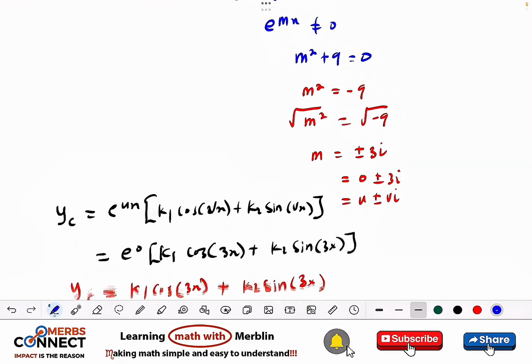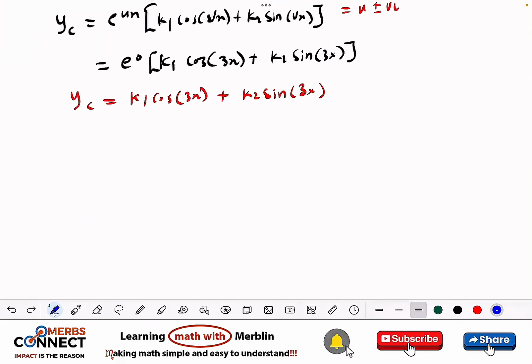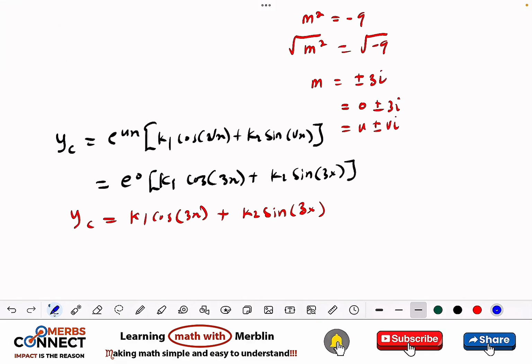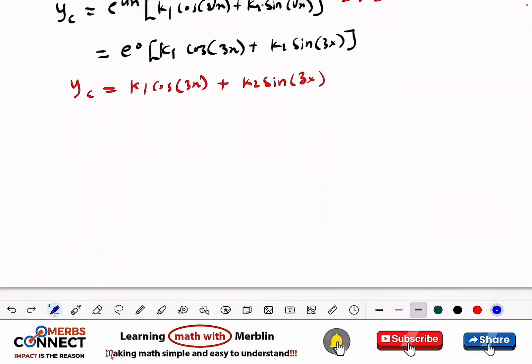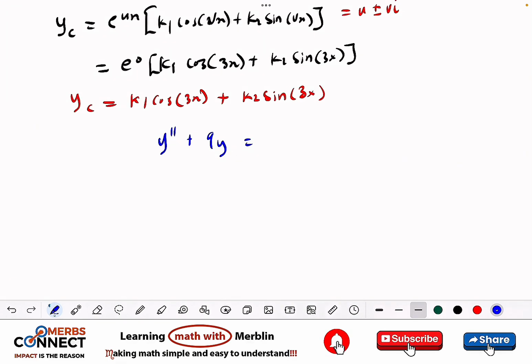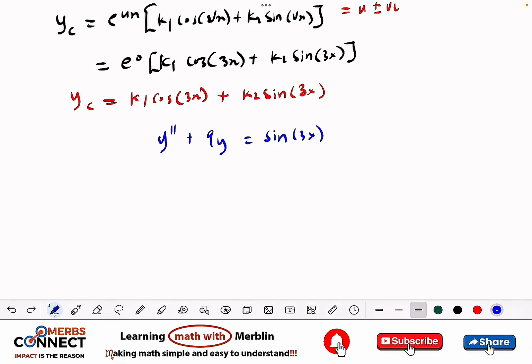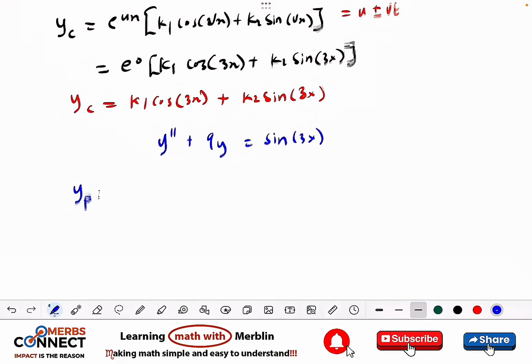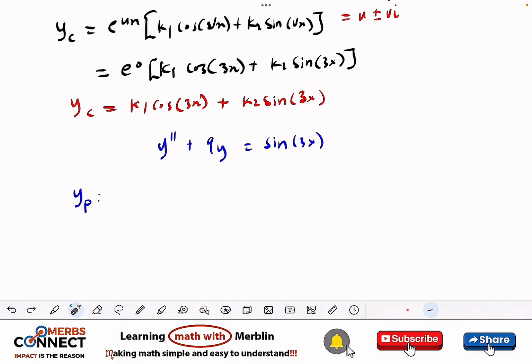Let's try and figure out the particular solution. It's very important here. So here we know that the original equation given to us is y prime prime plus 9y, which is equal to sine 3x. So let's guess the general particular solution. So yp, as we guess, we know that from here, it's of the form e to the power 0 sine 3x, which we compare to e to the power alpha x sine beta x.